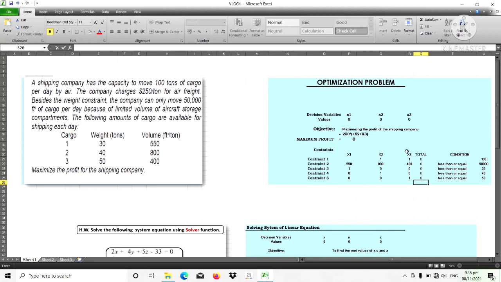So since our objective is to maximize the profit of the shipping company, we will now use the Solver.